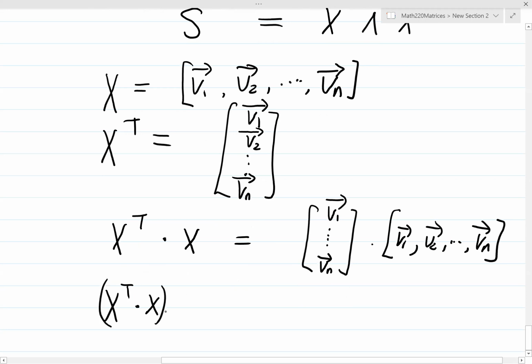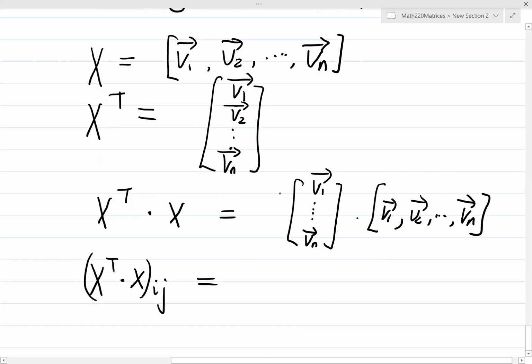The ij entry of the product is the ith row times the jth column. The ith row of X transpose is the vector vi, and the jth column of X is vj.